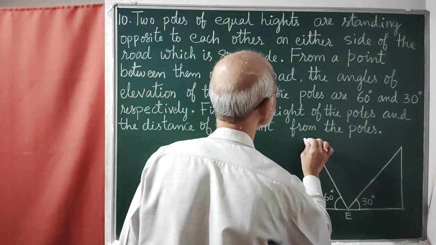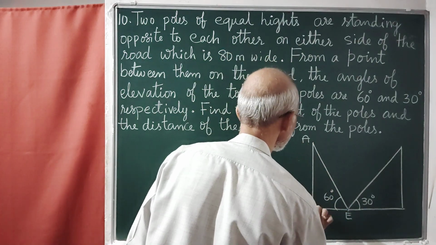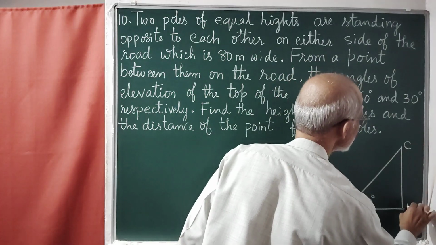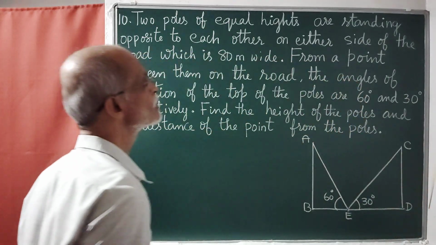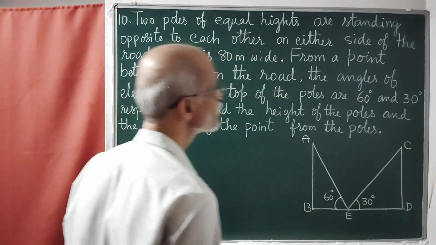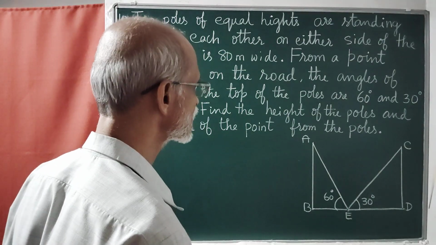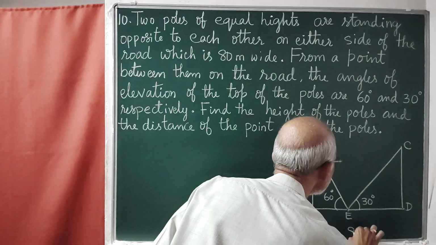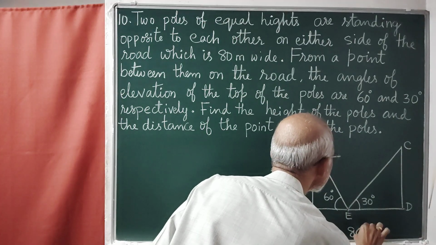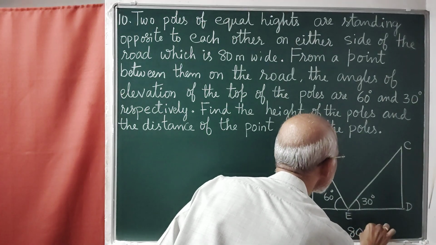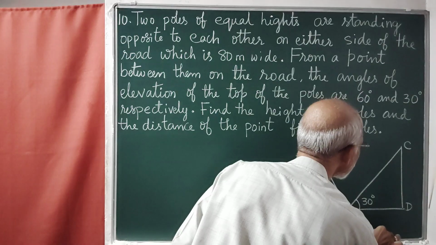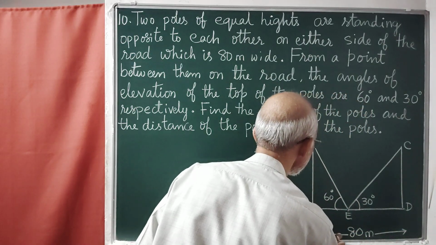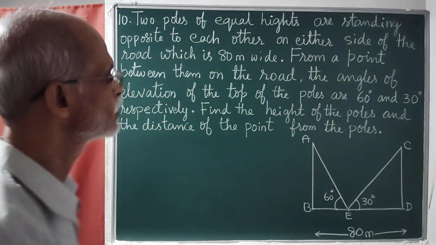We will name the poles AB and CD. BD is the road. The road is 80 meters wide.